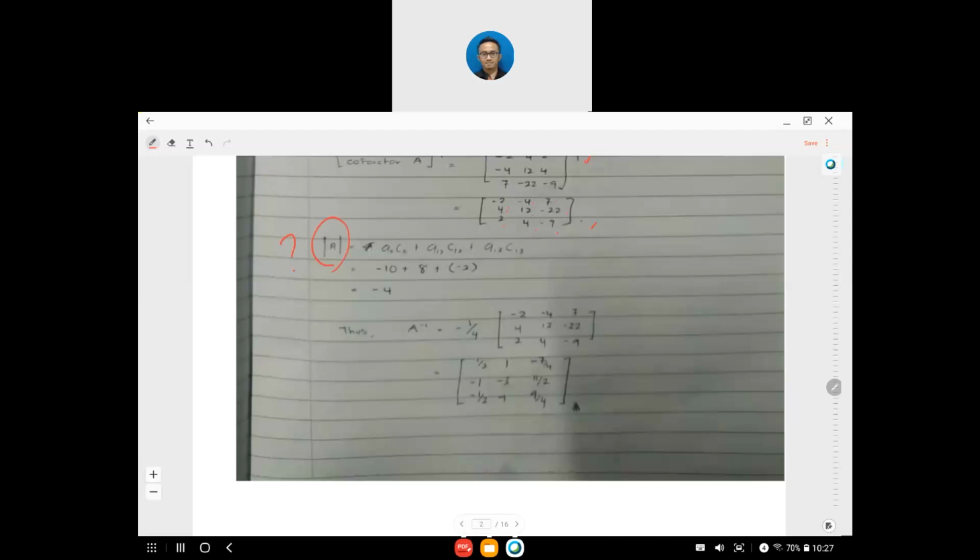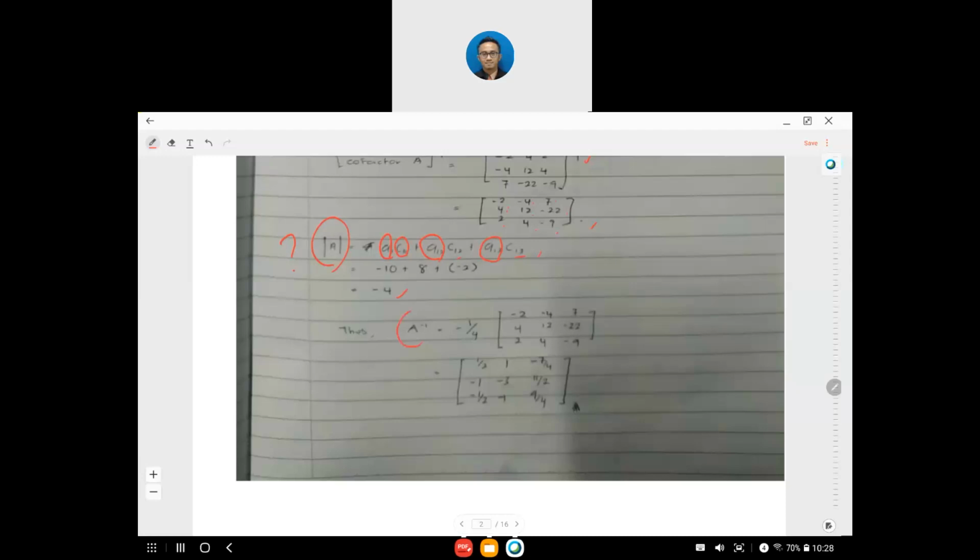Your friend chose first row times its cofactor, first row first column, second column, and first row third column times its cofactor. And this one you can get determinant equal to -4.